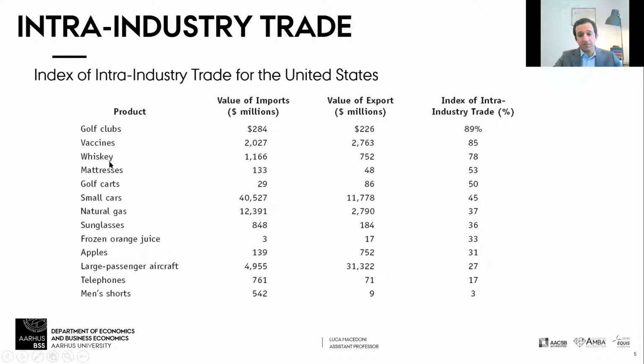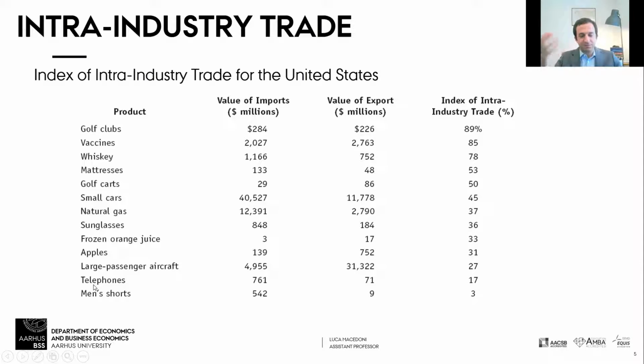Whiskey, same thing. Could also talk about golf clubs, but I know even less about golf clubs than I know about vaccines and whiskey. Or if we look instead at the bottom of this table, what do we have? We have telephones, with an index of intra-industry trade of 17%.